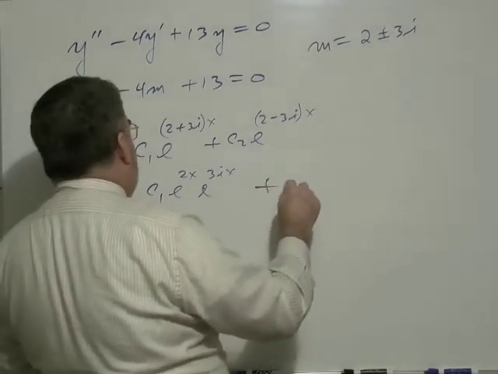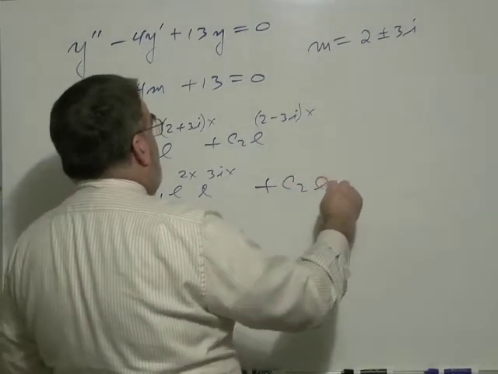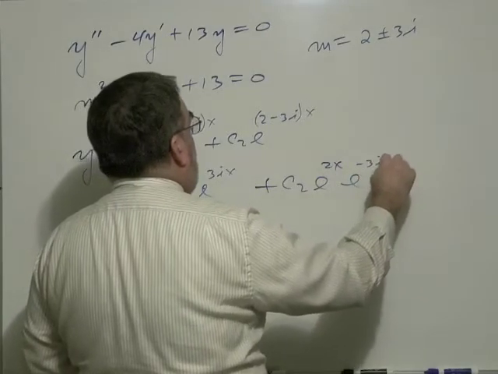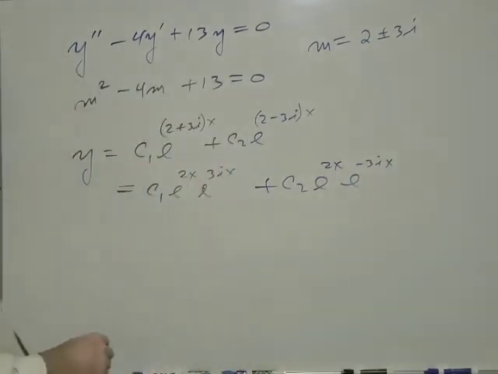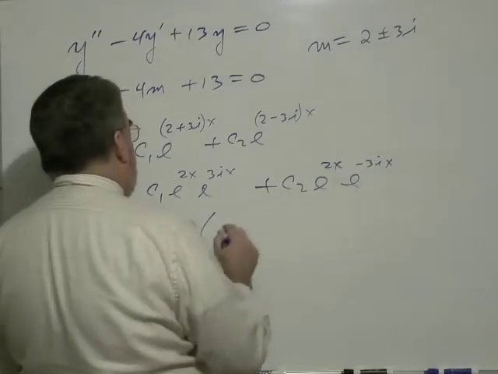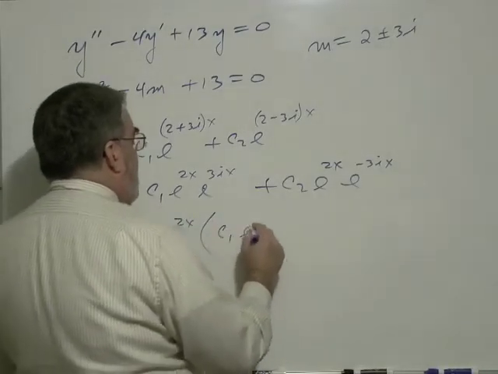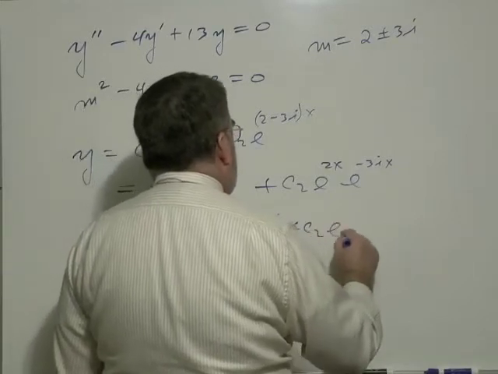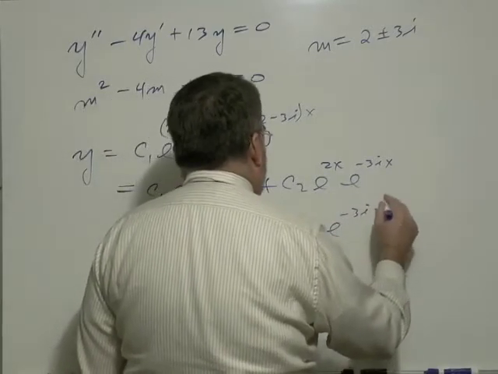This will be plus c2 e to the 2x e to the minus 3i times x. There we go. Now we can factor out an e to the 2x. So I have e to the 2x times parentheses c1 e to the 3ix plus c2 e to the negative 3ix.